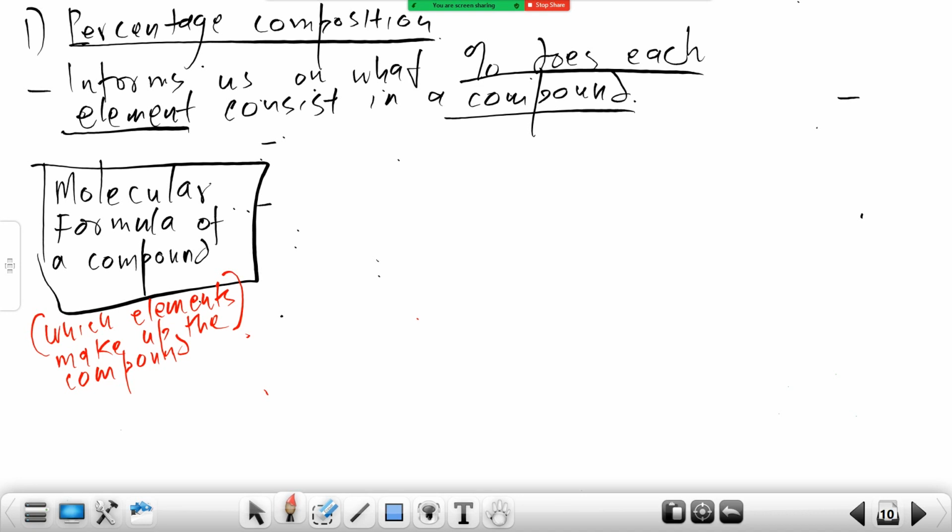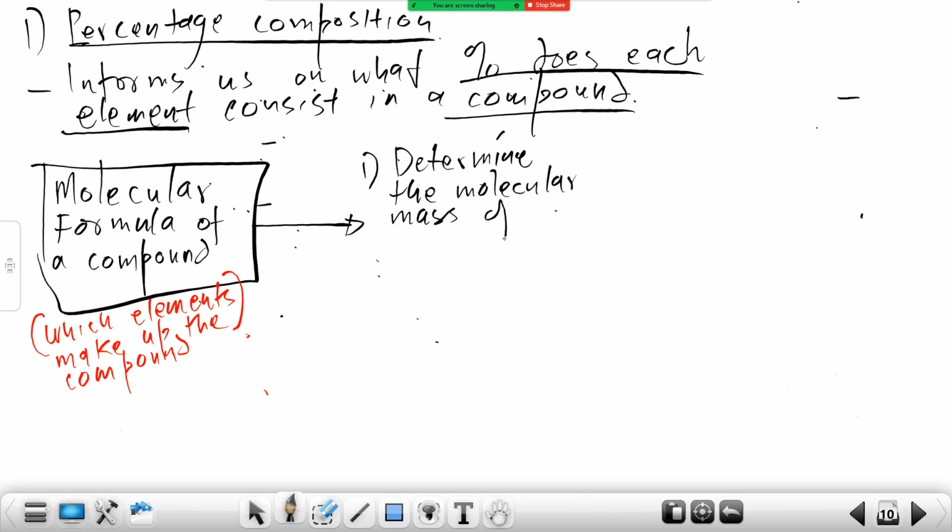But now, once I have identified which elements make up the compound, what will be next? The next step, which will be my step number one, is that I must now determine the molecular mass of each element.